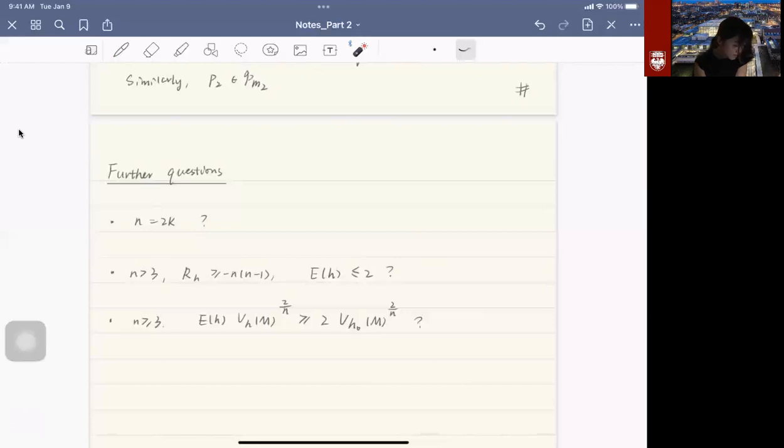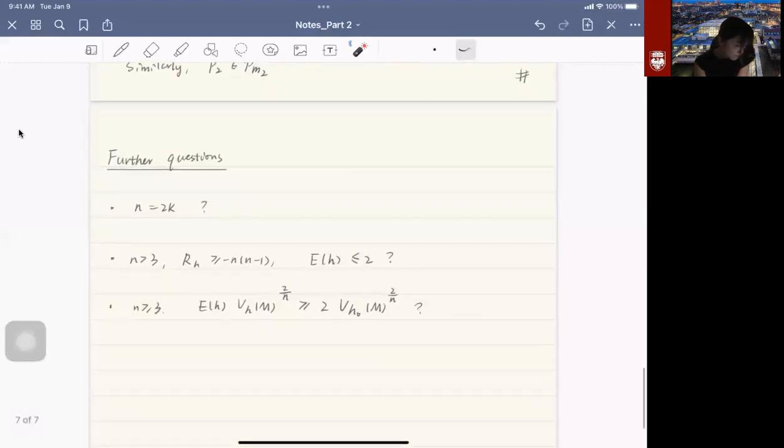Okay, and secondly, when dimension n is equal to 3, it was proved by Lowe and Neves that when the scalar curvature of H is greater than or equal to -6, then the corresponding entropy is less than or equal to 2. And we also want to extend this result for higher codimensions.